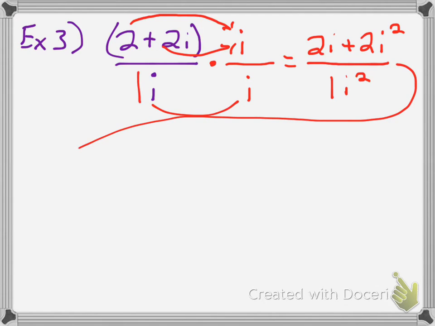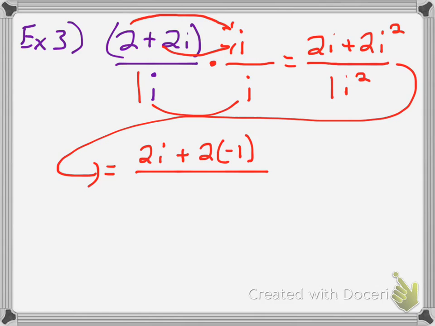Now we got a few things to fix. Got a couple i squareds I can plug -1 in for. So 2i plus 2 times -1, over 1 times -1 on the bottom. Now, guys, this is one of those things I want you to be cognizant of.